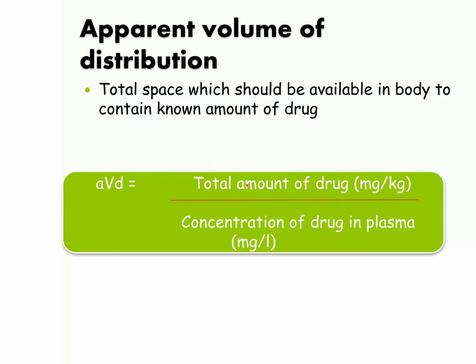So volume of distribution is the total amount of drug divided by concentration. So VD is equal to the amount of the drug, we denote this as X, divided by CP, blood concentration. This is a very simple equation. We'll solve some problems regarding this equation.